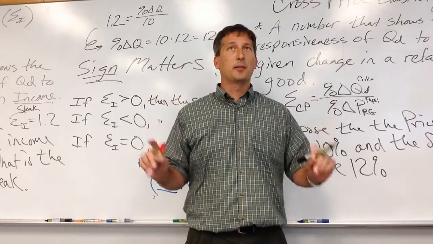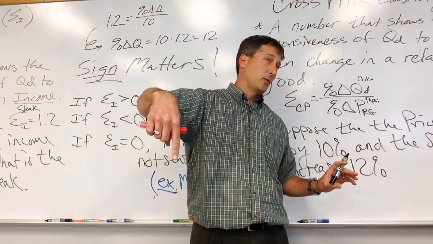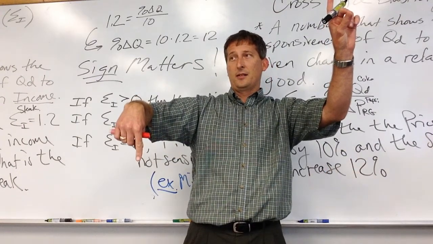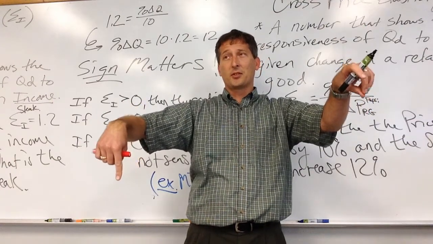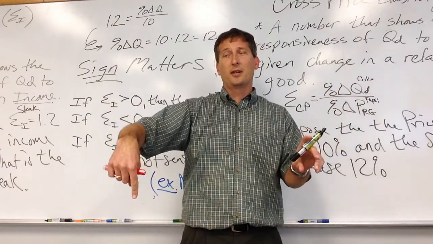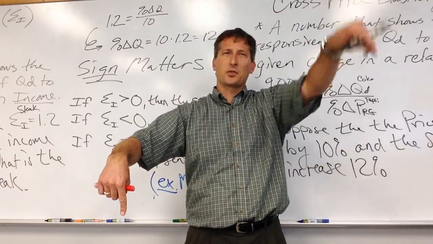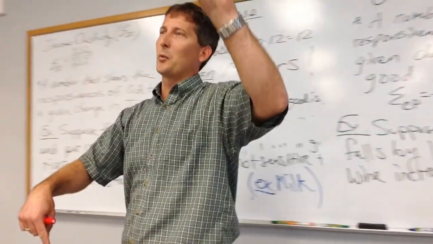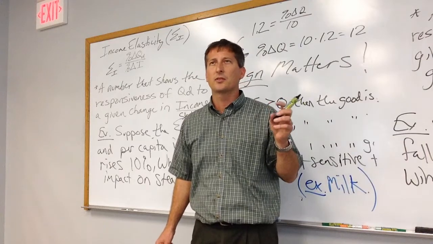So as the price of beer decreases, the quantity of wine increases? So that makes them substitutes. Beer is cheaper, so I buy more wine? That's what you just said. Beer is cheaper, so you buy more wine. Is that complements or substitutes?